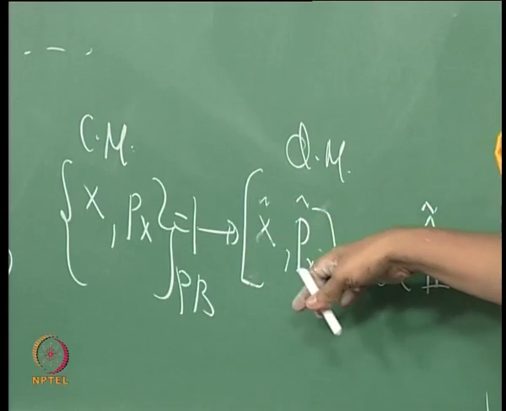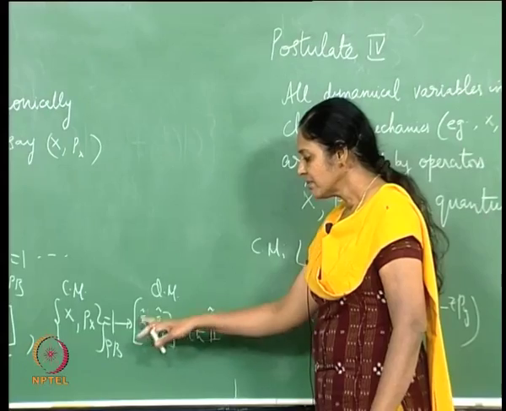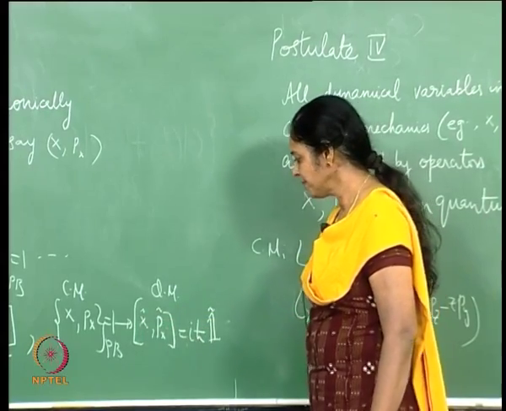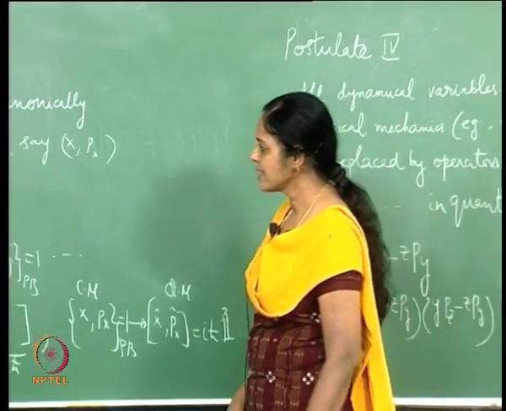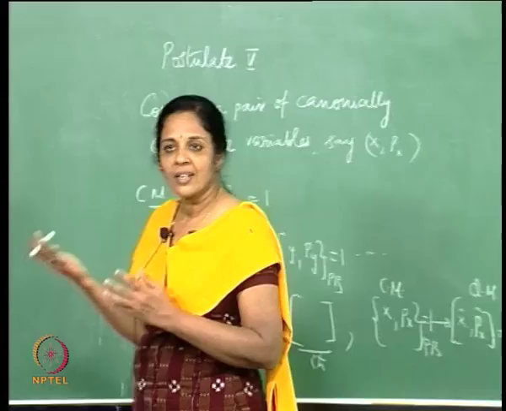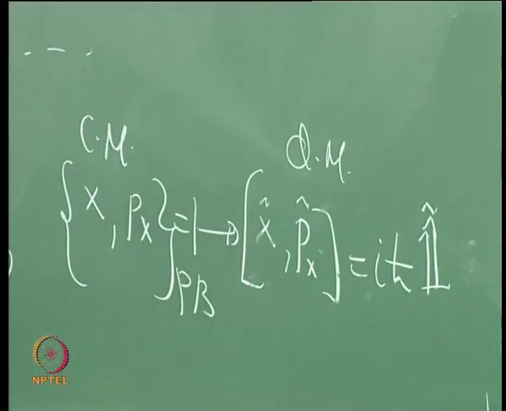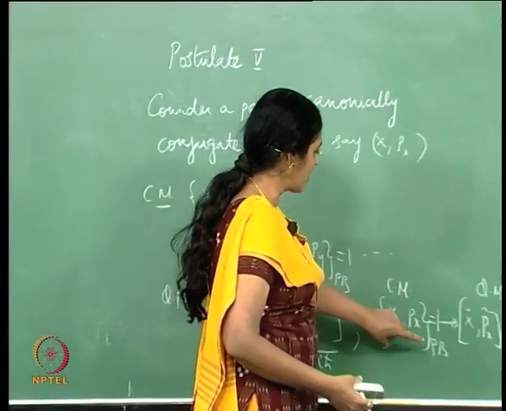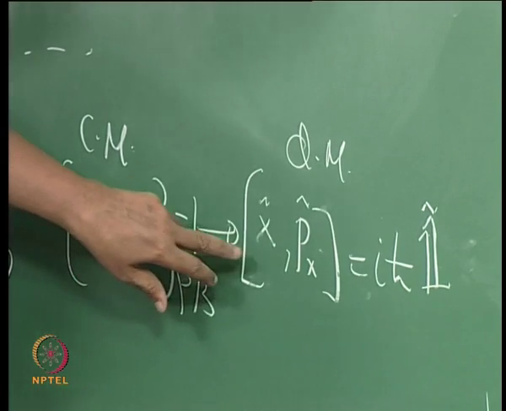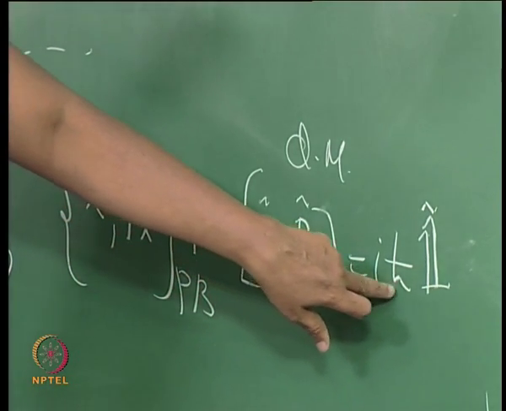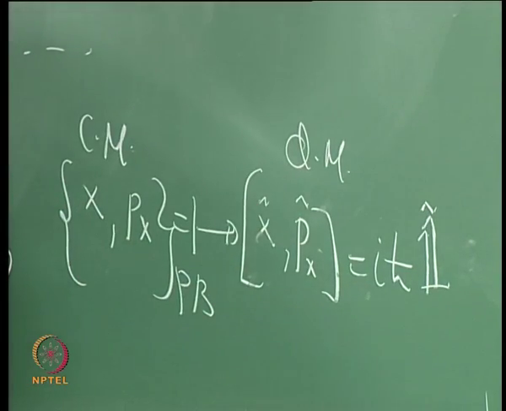And x and px are also matrices, and they do not commute in general. The same goes for y with py, z with pz, angle and angular momentum, and so on. So pairs of canonically conjugate variables which have this Poisson bracket structure would simply go to the commutator equal to i h cross times the identity.